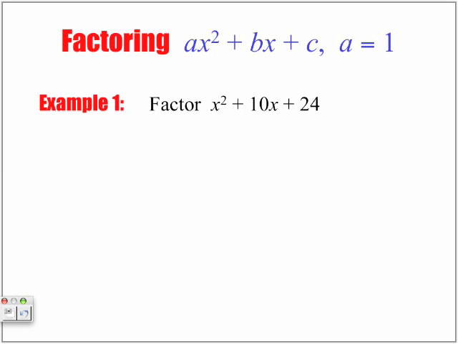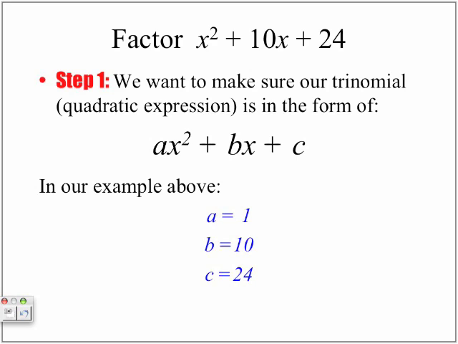Notice that our a value, the number in front of our x squared, is 1. So when factoring any trinomial such as the following quadratic function, we want to make sure our quadratic expression is in the form of ax squared plus bx plus c.